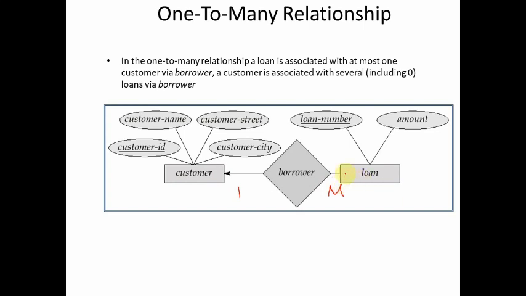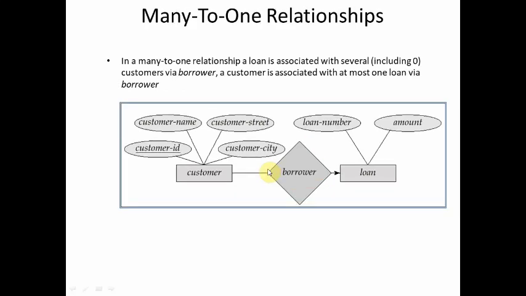Many loans can be associated with one customer. And then we have the relationship set here, which is borrow. Now again, this will be what? These are many. We get the pen. These are many-to-one. Now, it's the same kind of representation that we have talked about.